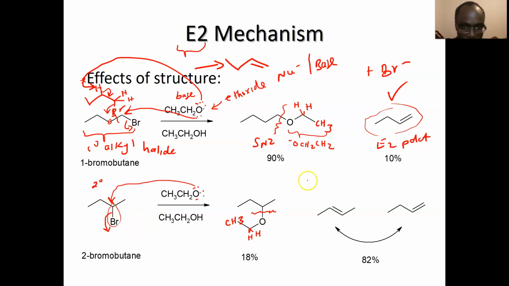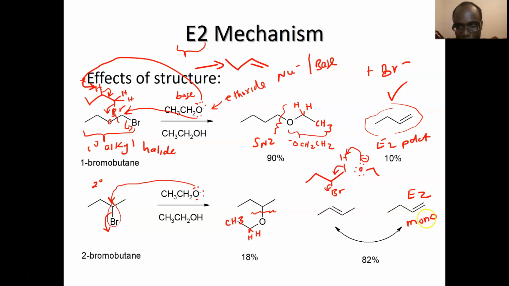Alternatively, the ethoxide can choose to take out this hydrogen. So this is your ethoxide with a negative charge. It can use it to take out this hydrogen, make a double bond as this leaves. You get what we call the E2 product here. That is less substituted.